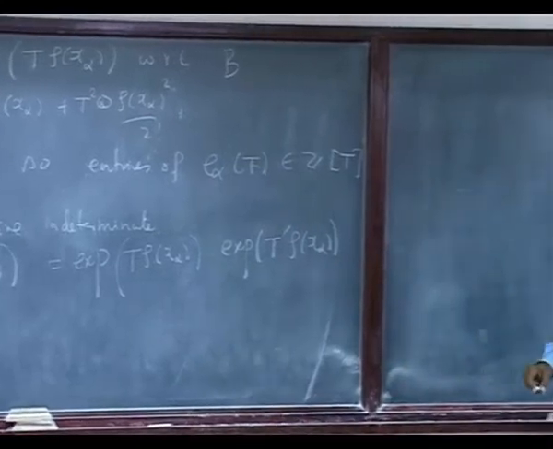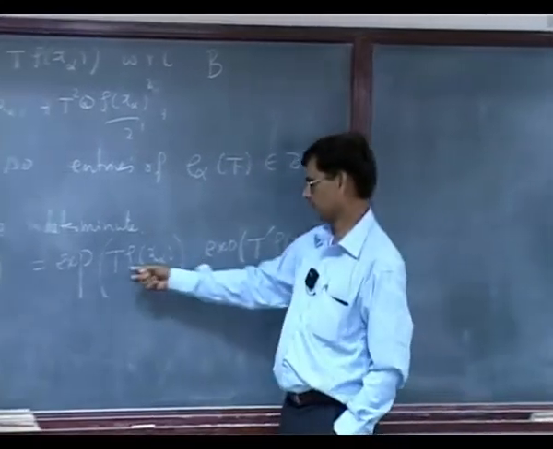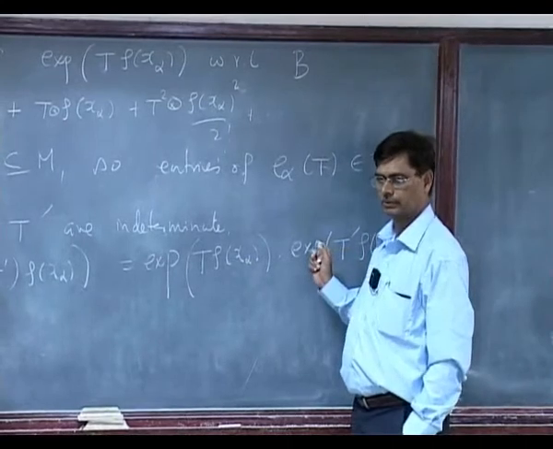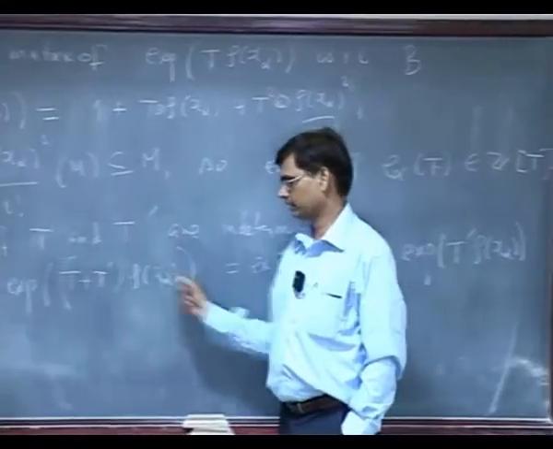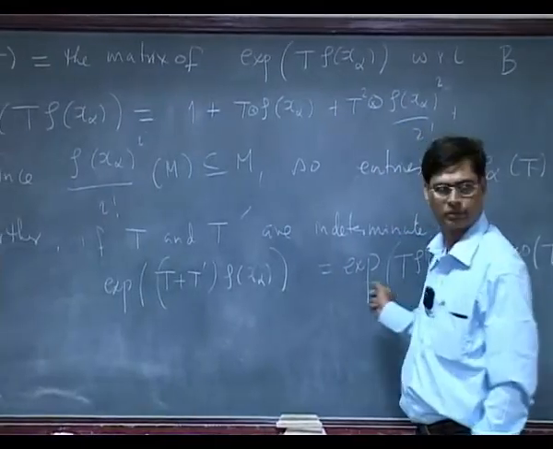Am I right? Because these two matrices commute, therefore the exponential of the sum will be the product of the exponentials.